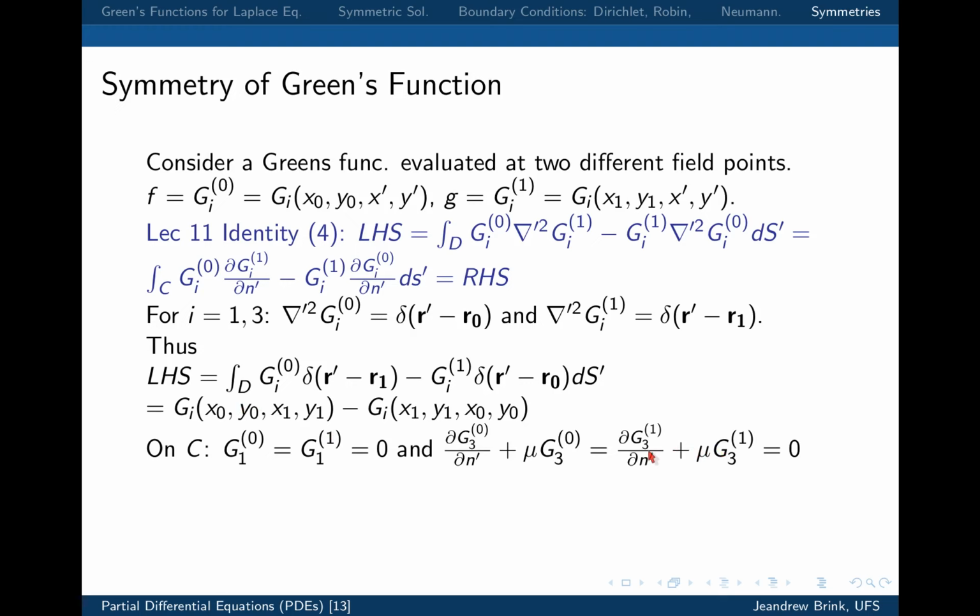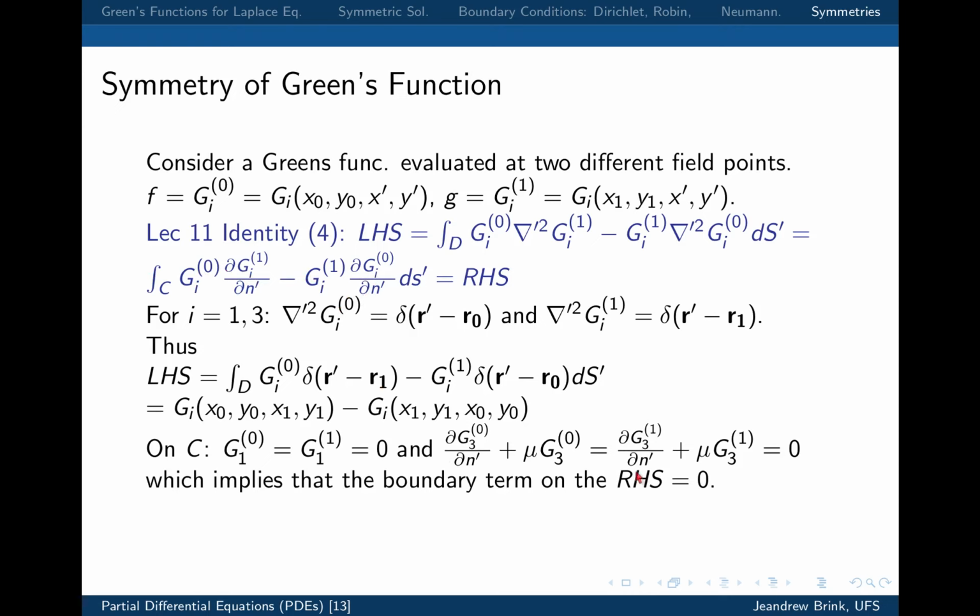You basically can change the expression for the derivative of 1 in there and express that in terms of mu g1 minus, and you can substitute, the 1 goes there and the 0 goes there, and then you just have the two identical terms cancelling each other so that the boundary term is basically 0.